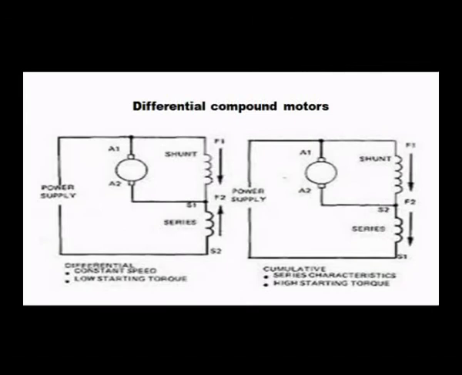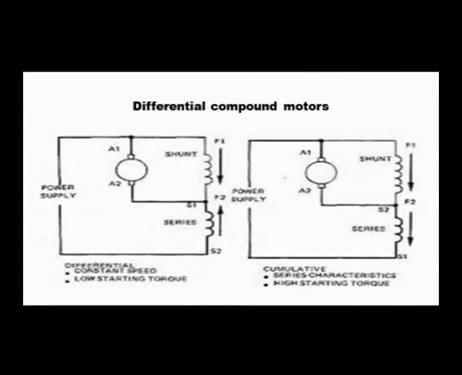Next type is differential compound motors. I have told that the compound motors are of two types: one is cumulative compound and another one is differential compound. It's similar to cumulative compound. In this case also there are two types of differential compound motors, one is long shunt and another one is short shunt. What are differential compound motors?